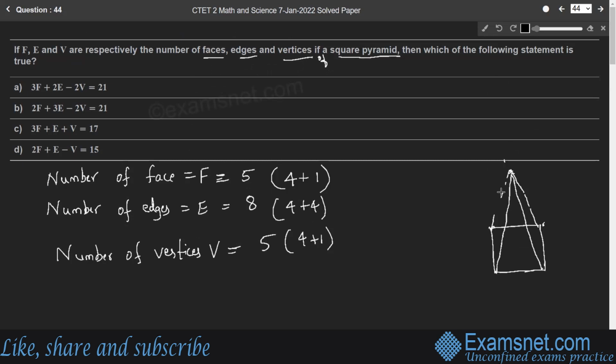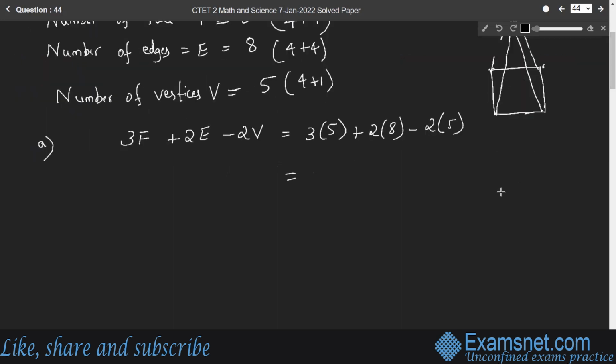Is it first A, B, C or D? So let us start with the first one. 3F plus 2E minus 2V is equal to 3 into number of faces is 5 plus 2 into 8 minus 2 into 5 equal to 15 plus 16 minus 10.